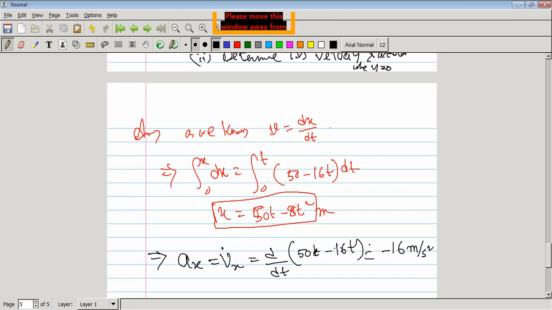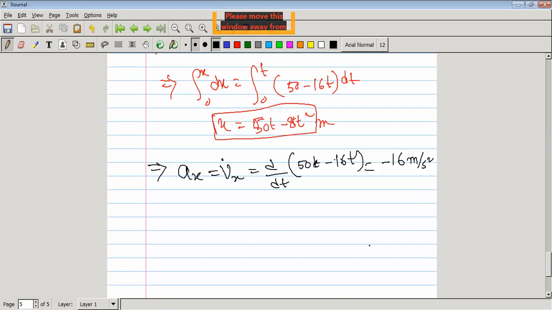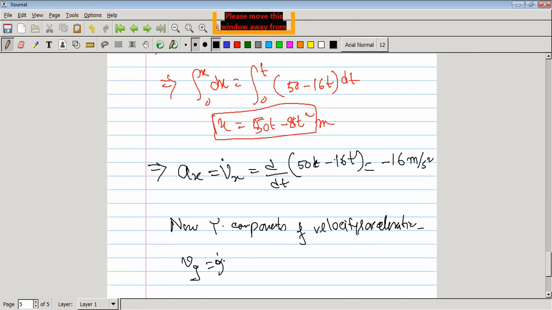Now the y component of velocity and acceleration. Vy is nothing but y dot, and y dot means d by dt of y, which is 100 minus 4t square, given in the question.